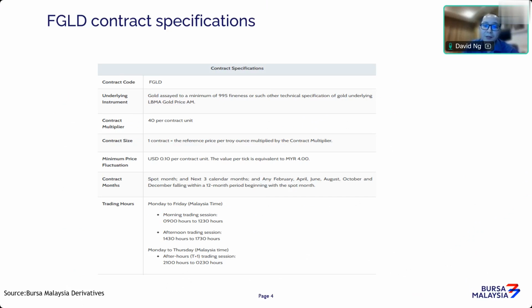The good thing about the revamped FGLD contract by Bursa Malaysia is that the price is now quoted in US dollar. So when you're comparing with other international gold prices, especially COMEX gold, you can relate them, because the prices you see on the screen for the FGLD are quoted in US dollar.